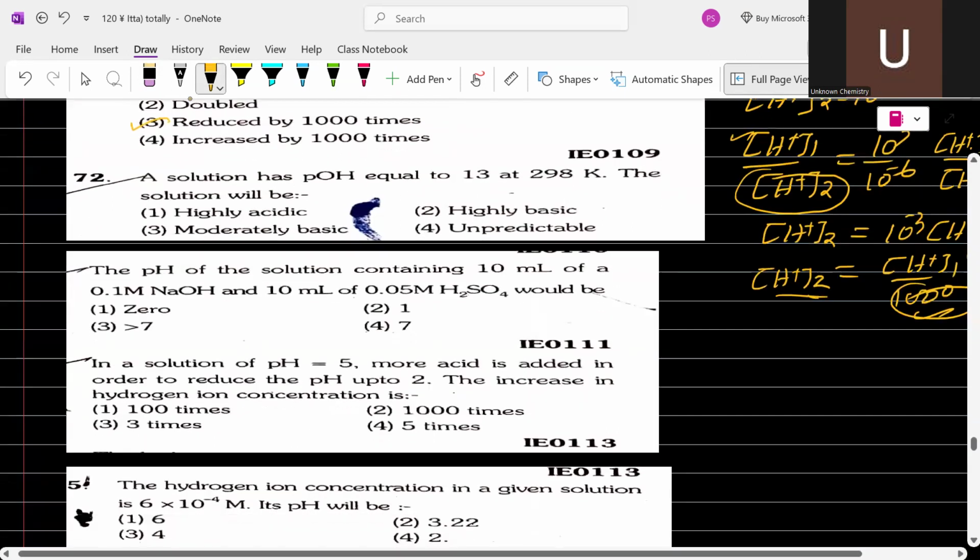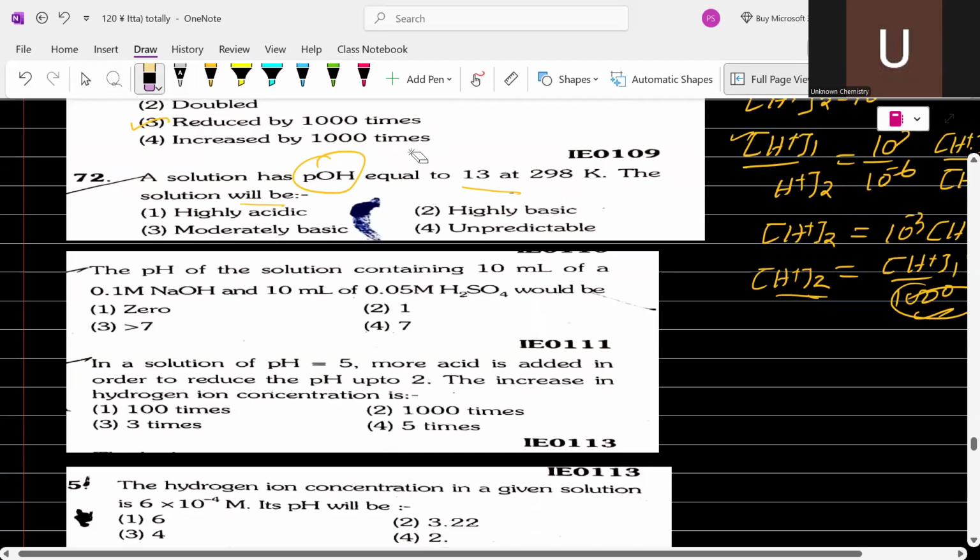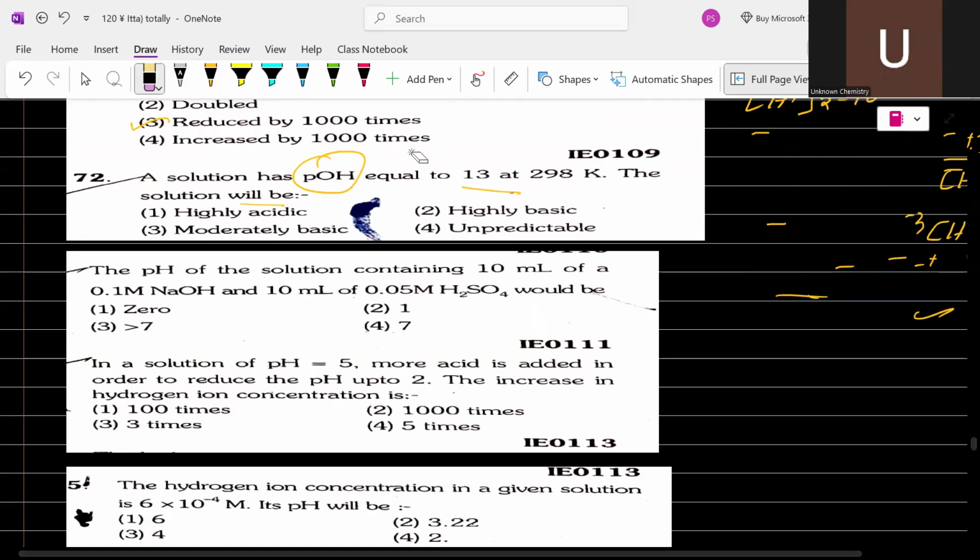Next question, everyone. A solution has pH equal to 13. The solution will be what, in terms of pOH? So we know the relation, right? pKw is equal to pH plus pOH.